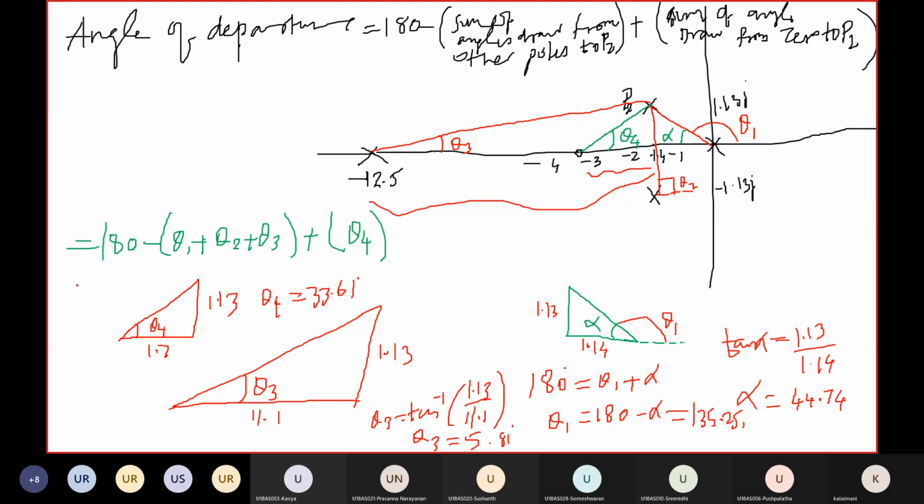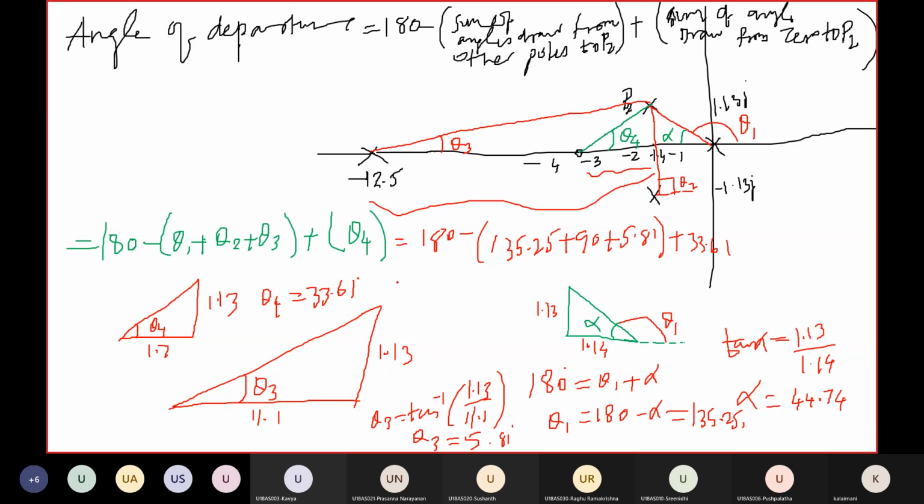Therefore, for your angle of departure, the formula is 180 degrees minus the sum of theta 1 plus theta 2 plus theta 3, plus theta 4. Theta 1 is 135.25, theta 2 is 90, theta 3 is 5.81, plus your theta 4 is 33.61.